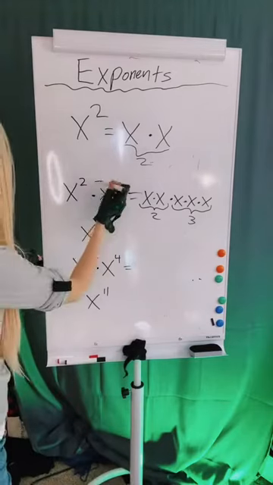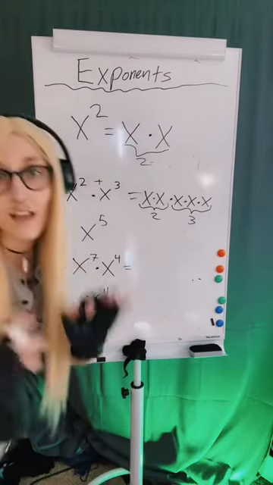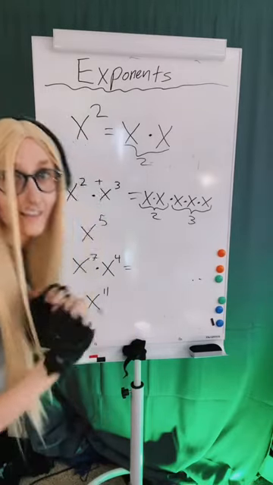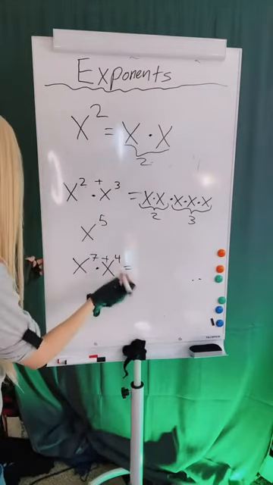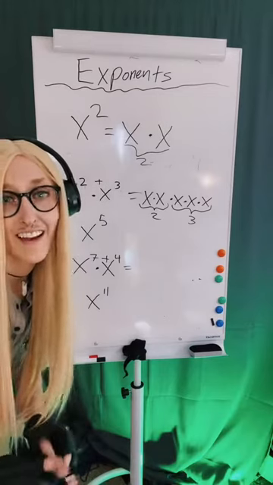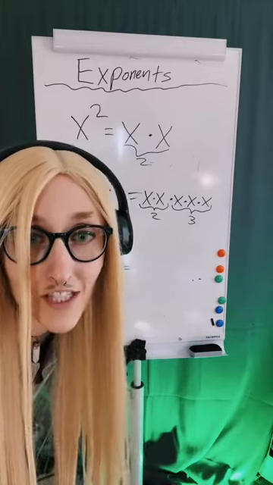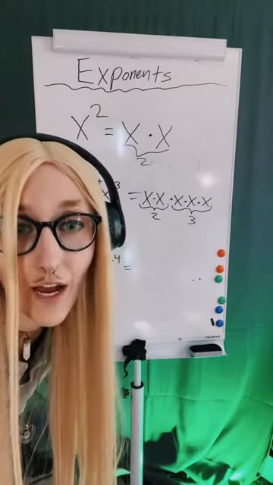So if I'm multiplying 2 exponents that are the same, right? I got like terms that I'm multiplying, I can just add the exponents. 2 plus 3 gave me the 5. 7 plus 4 gave me the 11. Amazing. All right, let's try one more, just to really drive that point home, okay?